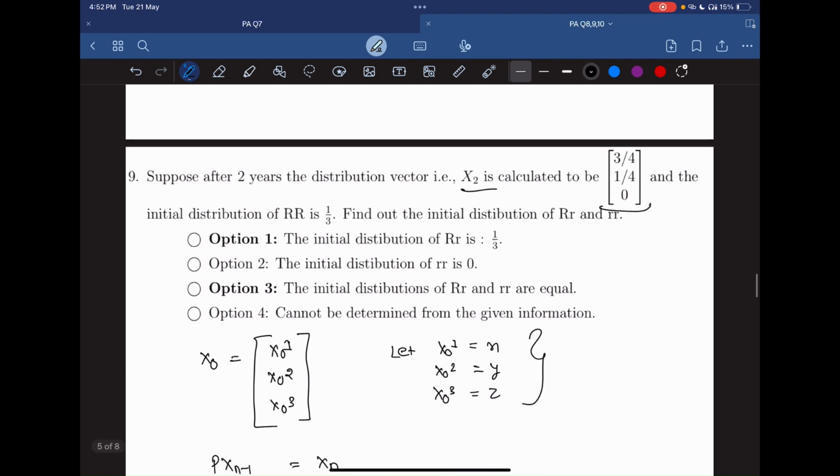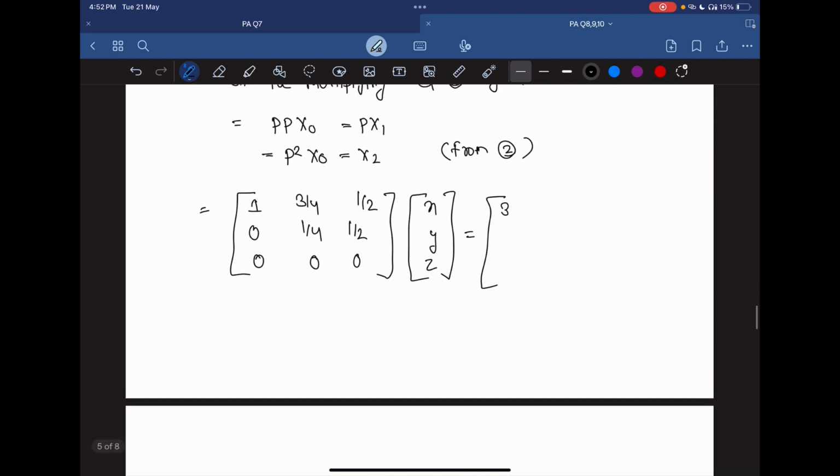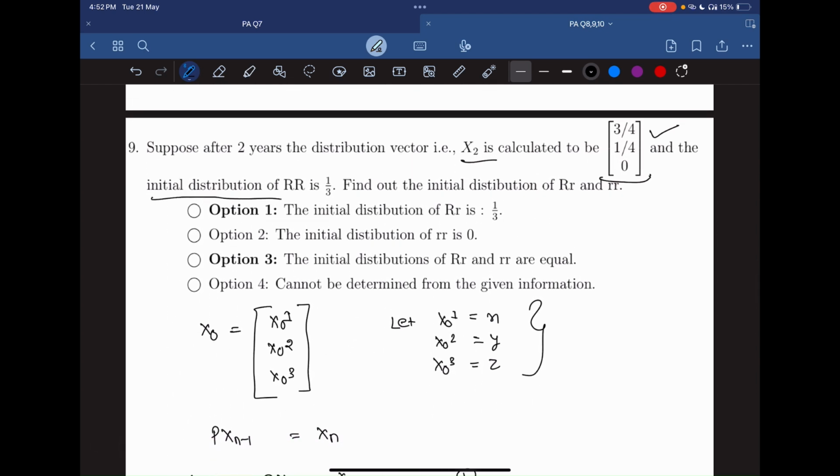We have been given x2 to be this: 3 by 4, 1 by 4, and 0. So basically we have to solve this system of linear equations, but we have been given one more piece of information, that is the initial distribution of capital R.